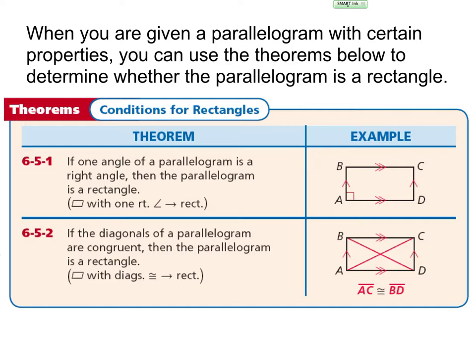Okay, so 6.5.1. If one angle of a parallelogram is a right angle, then it's going to be a rectangle. So in your picture, they've got the arrows there to emphasize it's a parallelogram. If one angle is a right angle, then it's going to be a rectangle. Why?